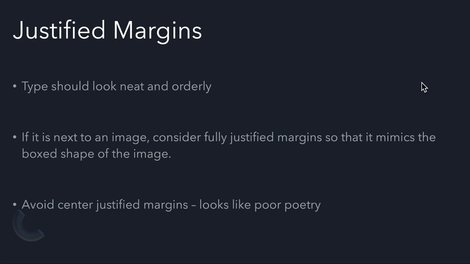If it were right justified, everything would line up here. And we could have centered, where it's centered here. We could also have both right and left justified, so that it's like a square or a rectangle, and it is very orderly.